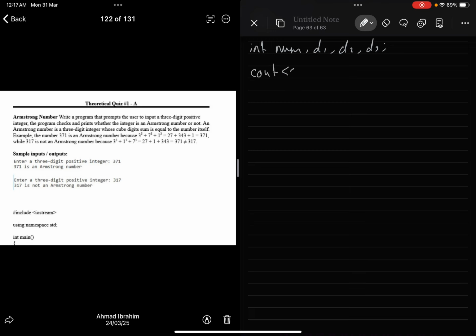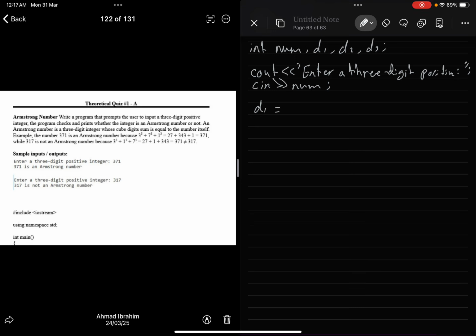And here we have cout: "Enter a 3-digit positive number," and cin num.